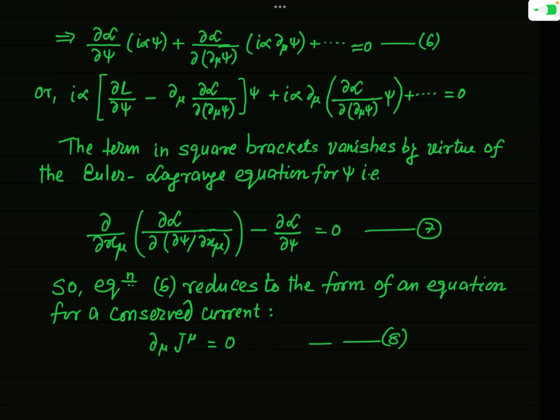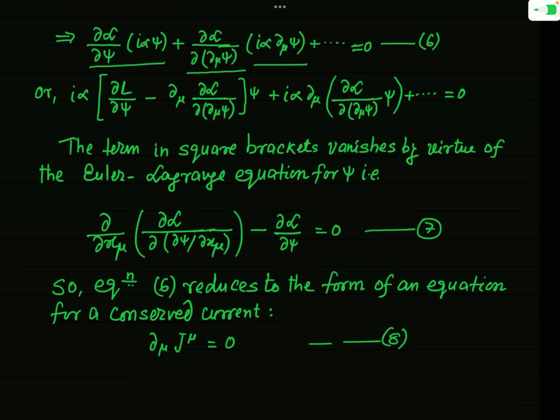Now you can write this expression like this: del L by del psi times i alpha psi plus del L by del mu psi times i alpha del mu psi plus so on, equal to 0.